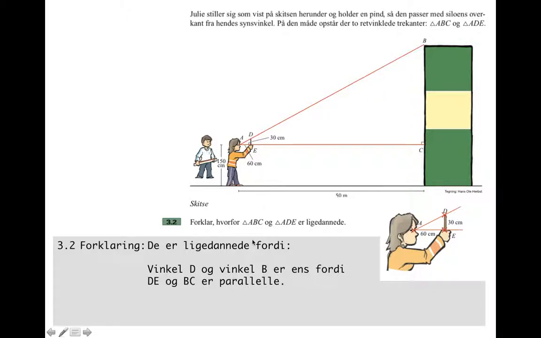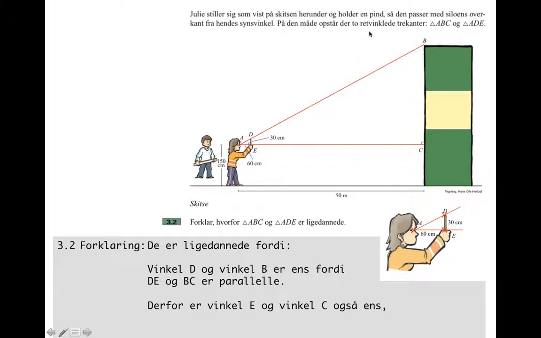And the same with E and C at the bottom there. E and C are both equal because they both cross parallel lines, the silo and the stick.